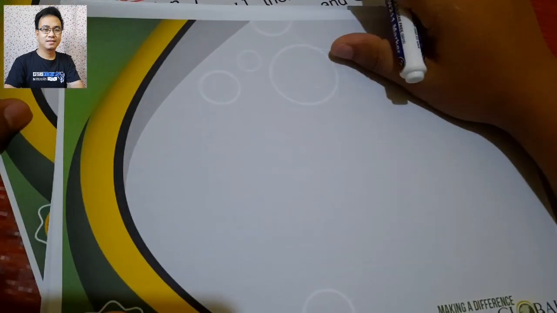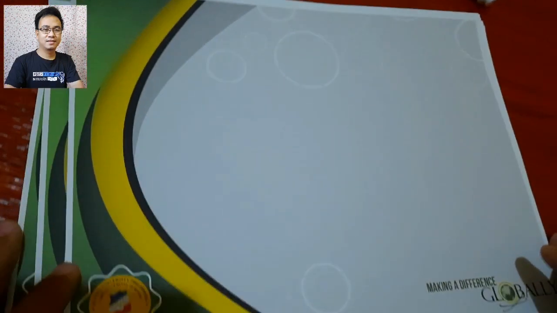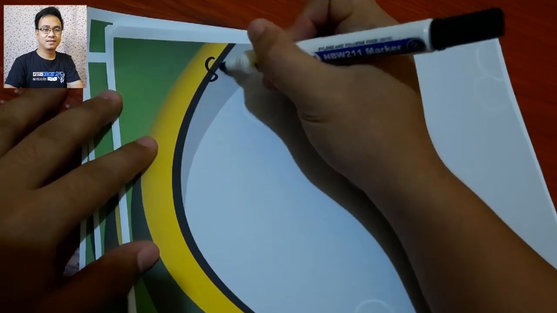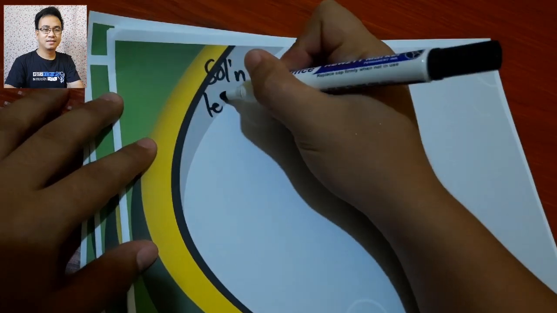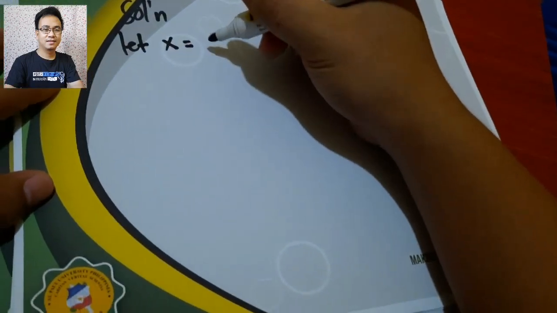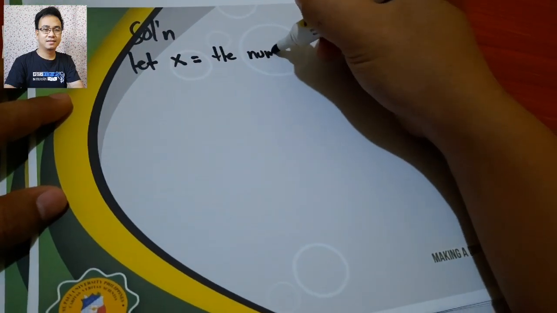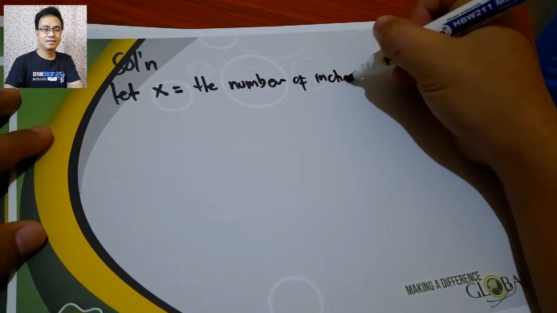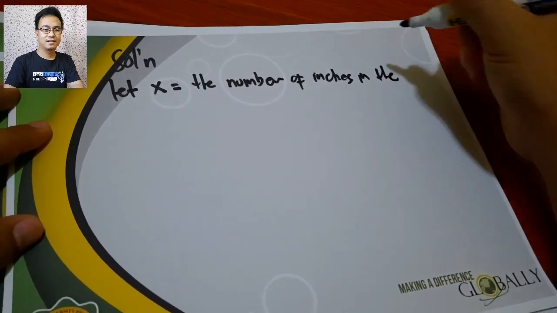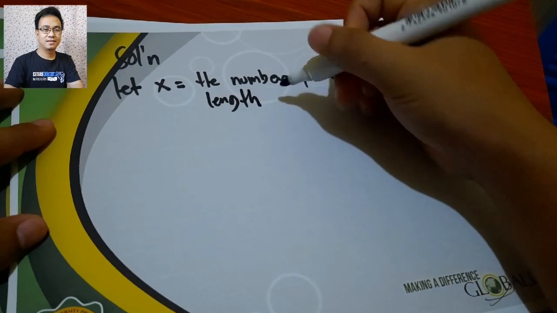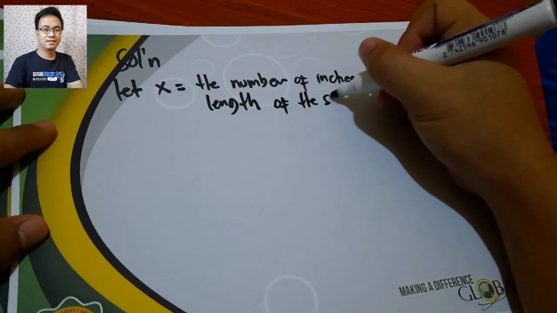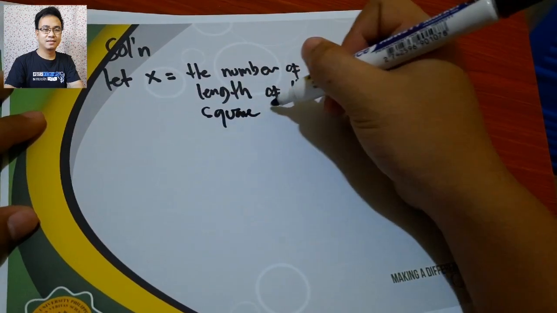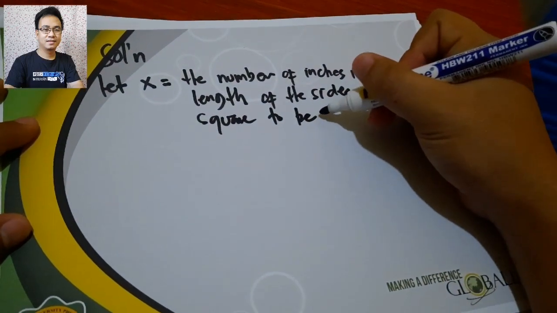Okay. So, for our solution, of course, we let x to be equal to the number of inches in the length of the sides of the square to be cut out.